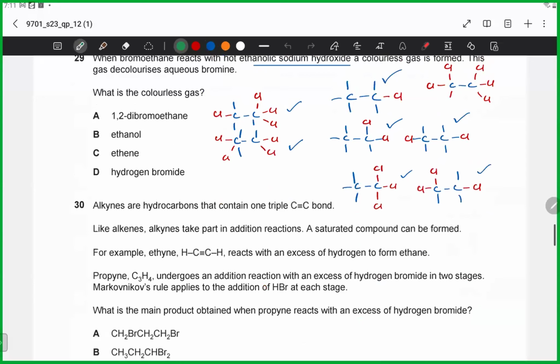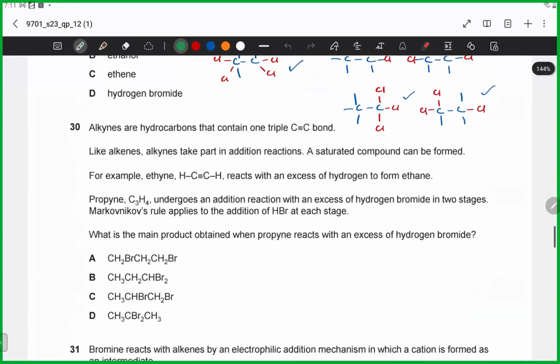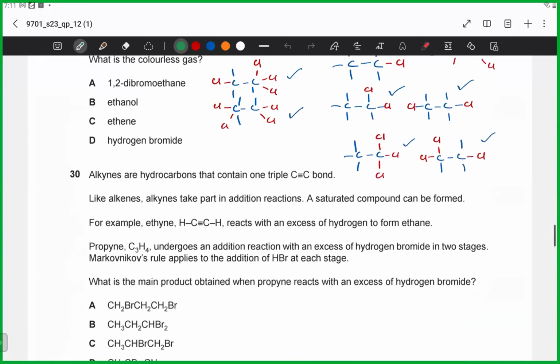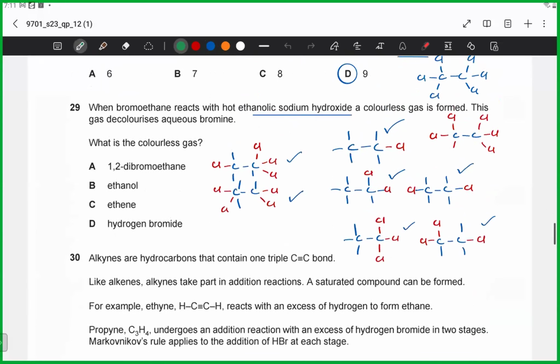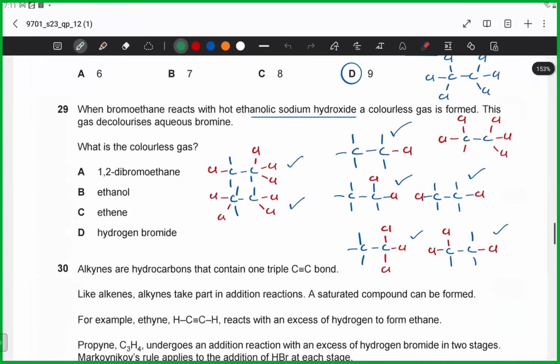तो काफी गया क्वेश्चन। नहीं, ये क्वेश्चन कहाँ गया हमारा? ये 29. अच्छा सॉरी, उसके ऊपर हमने उसकी वर्किंग कर दिया। अच्छा ब्रोमो इथेन था तो इथीन बन जाएगा ना?